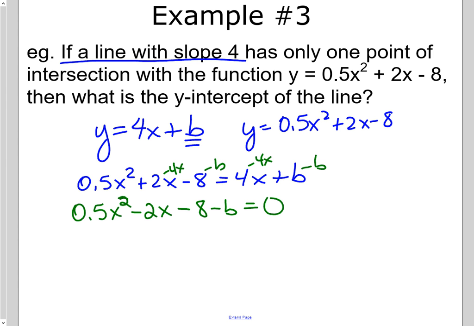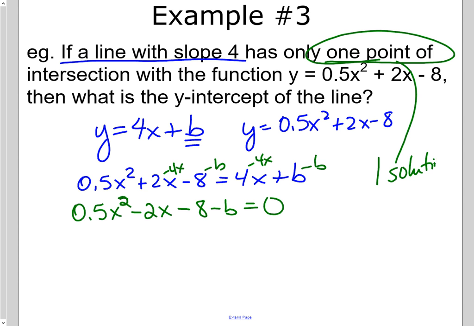Okay, so we're looking to solve for b. We know that there's only one point of intersection, which means that there's only one solution to this equation. Now, do you remember from a couple of lessons ago, we talked about what we can use with a quadratic when there's one solution, and that is the discriminant. b squared minus 4ac equals 0 when there's one solution.